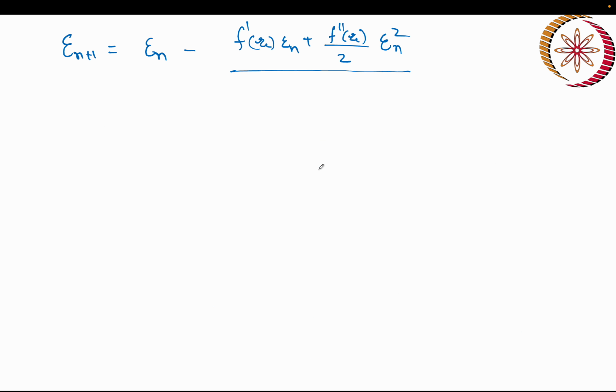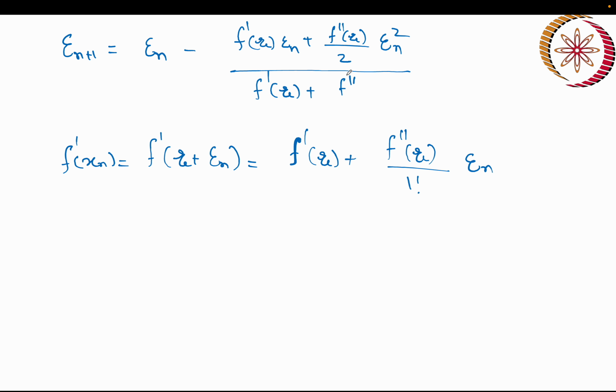Now I'll expand f dash n here. f dash of x_n is nothing but f dash of xi plus epsilon n, which is f dash xi plus f double dash of xi by 1 factorial into epsilon n. We substitute that here, f dash xi plus f double dash xi into epsilon n.